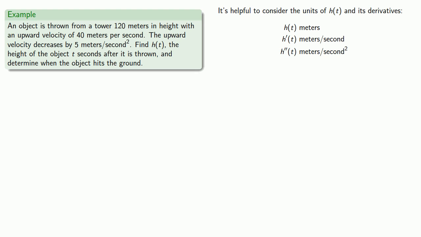And so that gives us our height at time 0 is 120, or in function notation, h of 0 equals 120. Likewise, the object is thrown with an upward velocity of 40 meters per second. So again, at t equals 0, when the object is thrown, its velocity is 40 meters per second. And so that tells us h prime of 0 is 40.